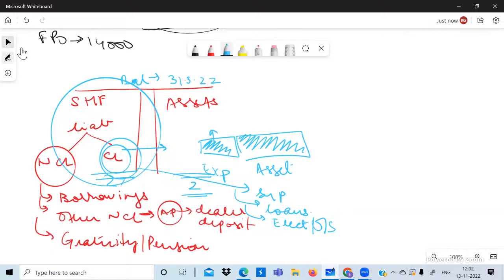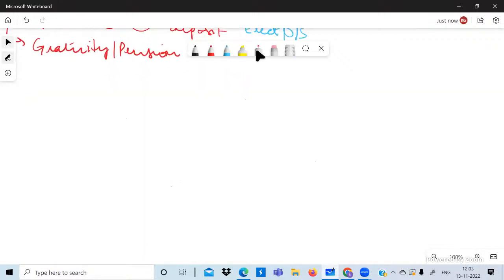Okay. Then let's look at how we link a balance sheet with the life cycle of a company. Just like you have the product life cycle, a typical product will go through different stages.